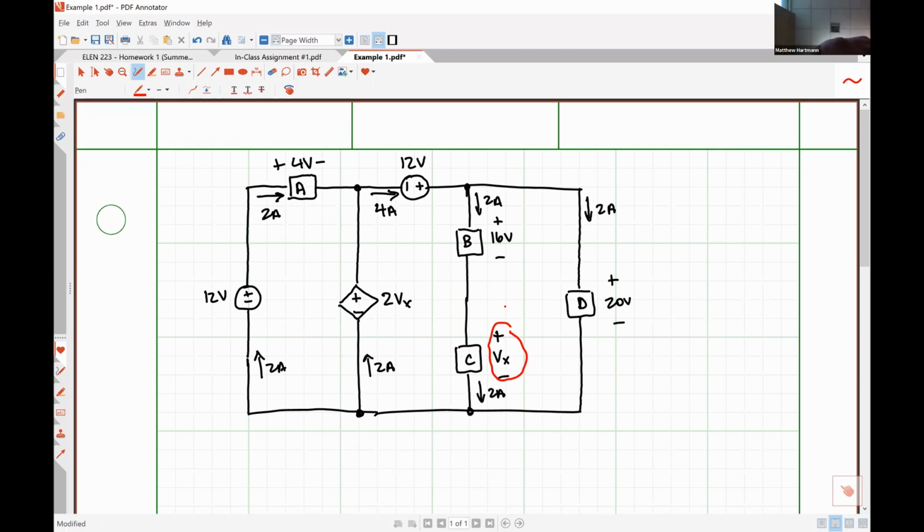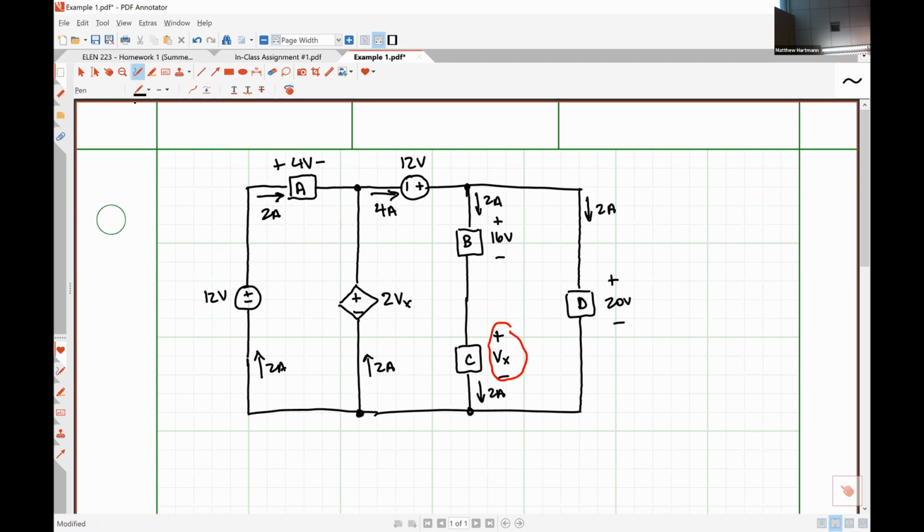So what we are going to do is determine the power absorbed by every element in this circuit, and then use that to develop a relationship that will allow us to solve for the quantity Vx, okay?